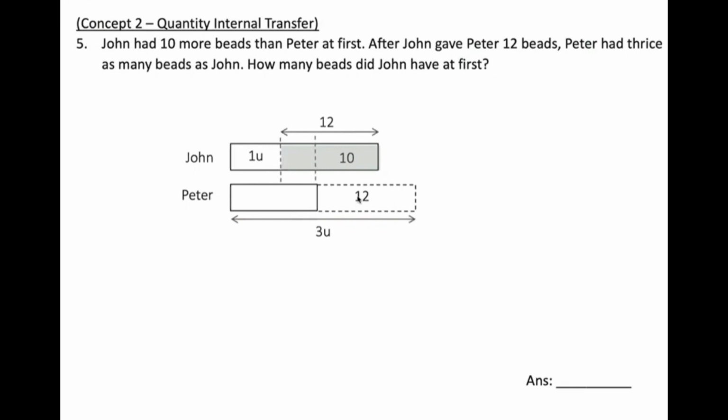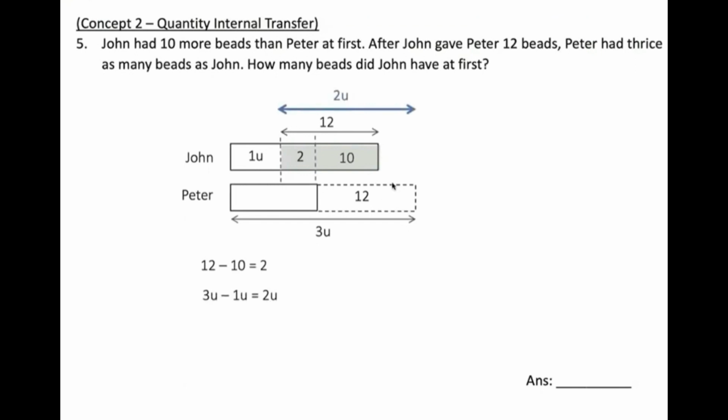Okay. Now, once you have the model completed, again, you compare the units. Focus on units. So when you compare the units, you are looking for the difference between 3 units and 1 unit, and indicate where the difference is in the diagram. The difference is here, 2 units.